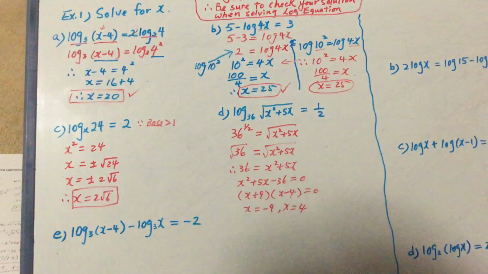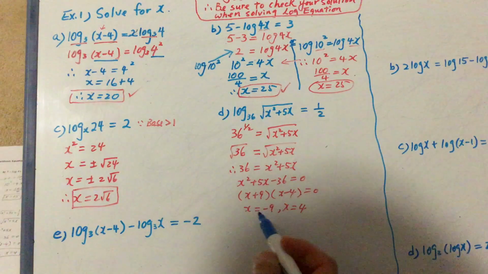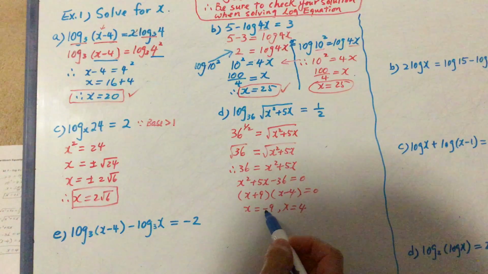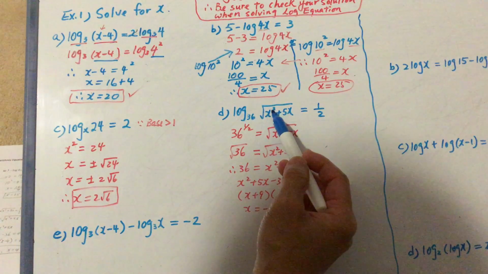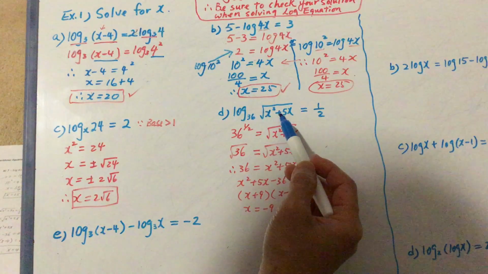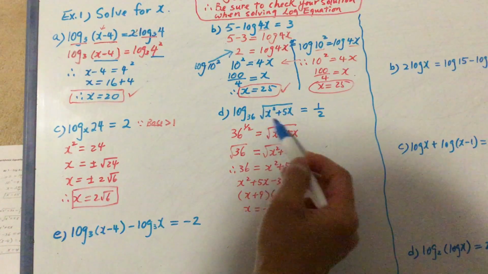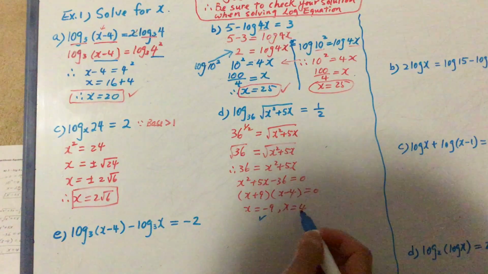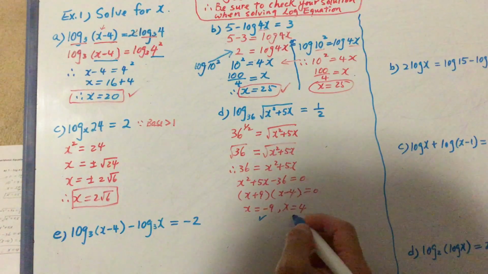Now, are they all good solutions? Well, let's see. If I'm taking the negative 9, I get 81 here and minus 45, so I will be getting a positive answer. So this one is good. And if I put in a 4, definitely this is going to be positive.